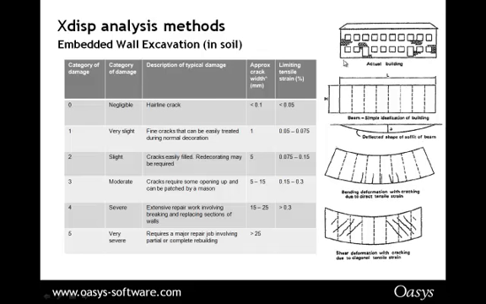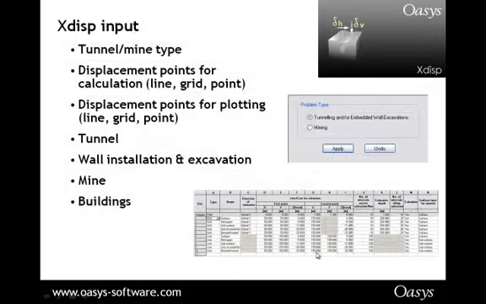And what it does is it looks at the surface displacements and the surface strains, and it looks at how those strains affect your building and what damage category your building is in according to Burland. So this table here just gives, for example, information about the damage categories, which is available again in the manual, and the strains and the crack widths that cause the particular damage categories. But Xdisp calculates this all for you.